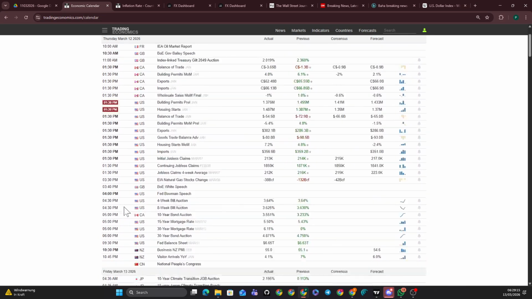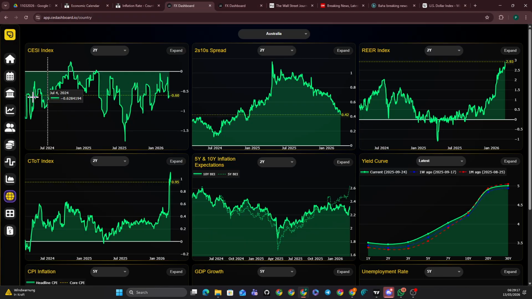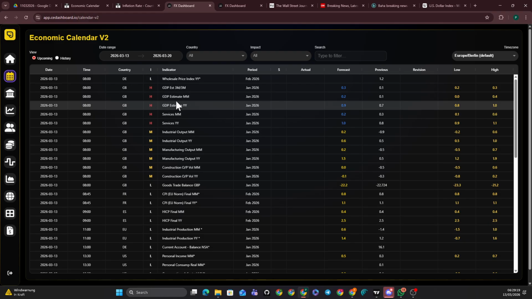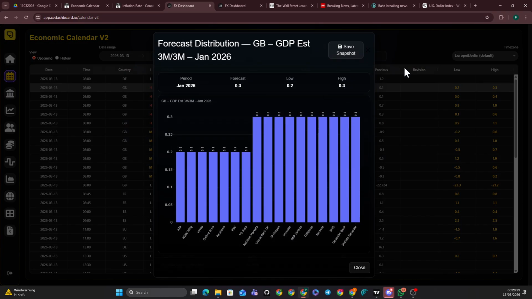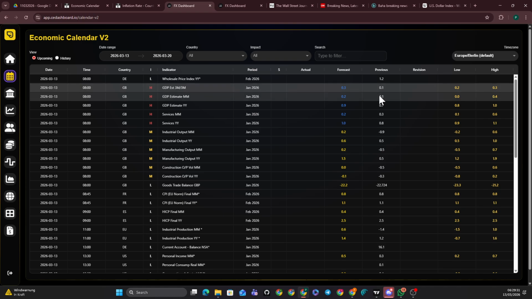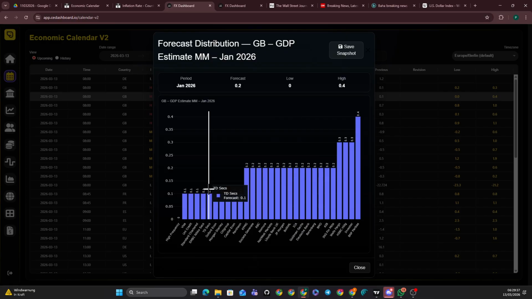So today we are having the UK GDP estimation, the January report. The forecast is, previous value was 0.1, GDP MoM was 0.1, and now it's forecast to be 0.2.